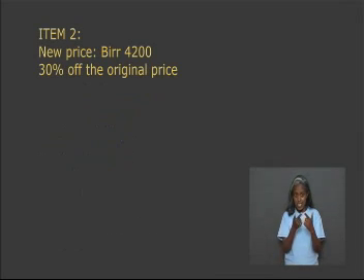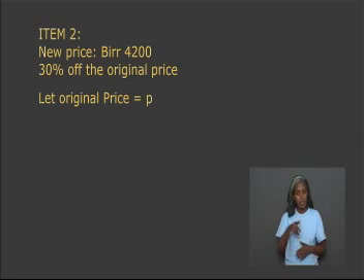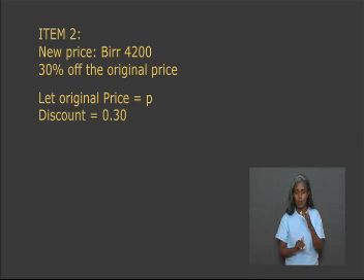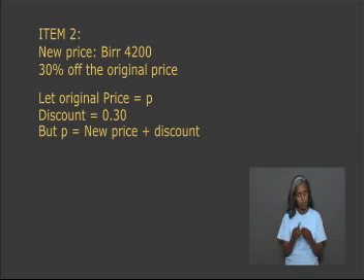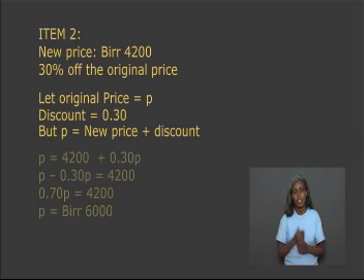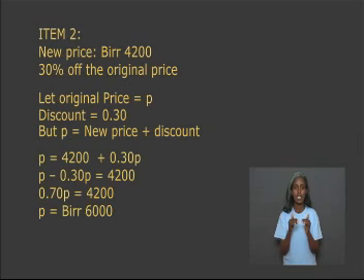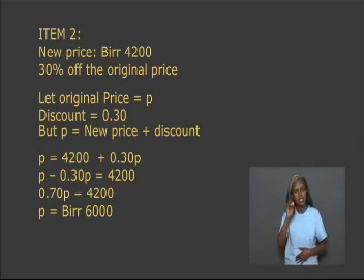The second item's price is found in the same way. Let P be the original price of the item. In that case, the discount is 0.3P. So we can see that P equals the new price plus the discount. Therefore, P equals 4,200 plus 0.3P.